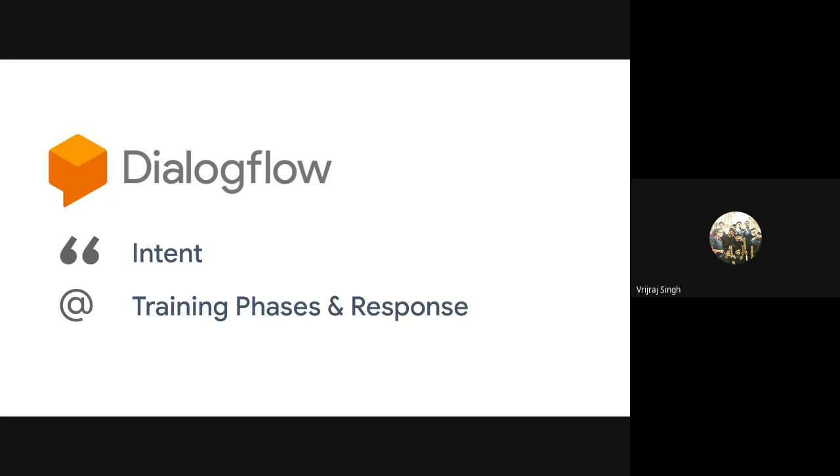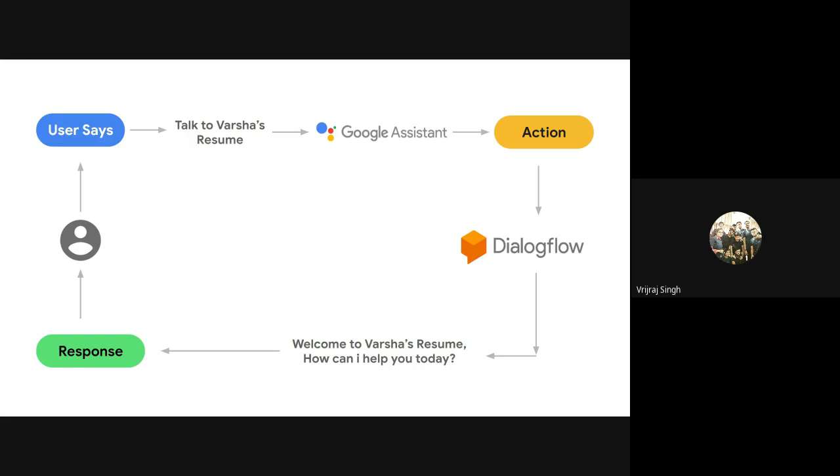Okay, so now this will be the flow. Let's say we as a user will ask the Google Assistant, "Hey Google, talk to Varsha's resume." Inside Google Assistant, we have created actions. My action's name is Varsha's resume.